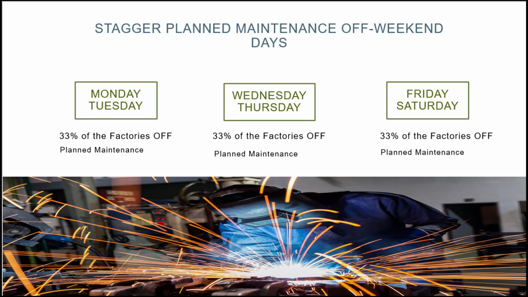Group 3 stops for maintenance Friday and Saturday. In this example, there will be a 33% reduction in maximum power demand during the week, as 33% of the factories stop production for 2 days during the week to conduct plant maintenance, but will still have the same energy consumption.